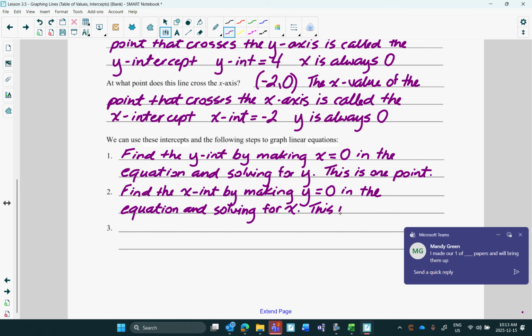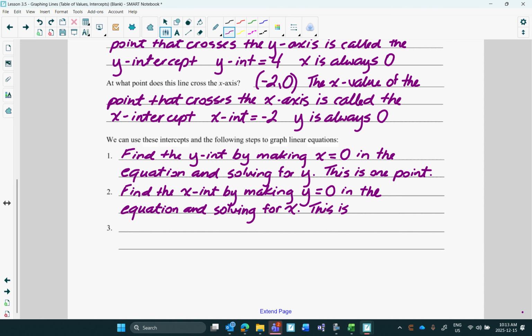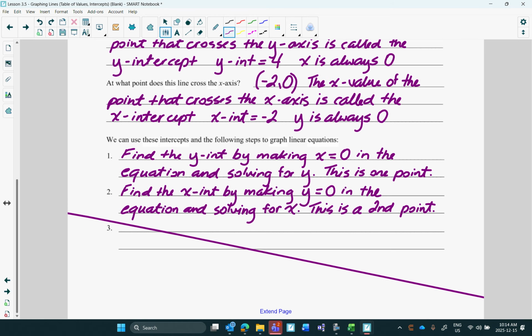This is a second point. Once you've got your 2 points, plot the 2 points and draw a line through them, which is what we did in that example.